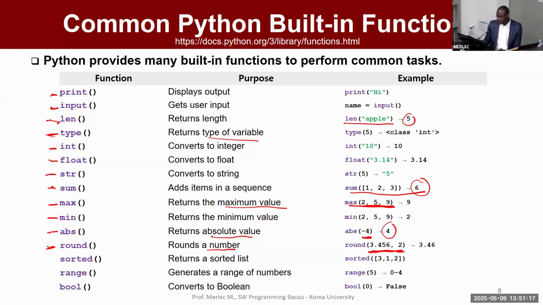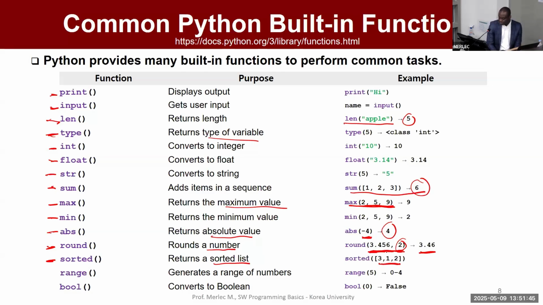Like here, you have this decimal point value, and then you use 2 as the number of digits after the decimal point. That means it will round the number considering 2 digits after the decimal point. sorted is a function that returns a sorted list of items, like here.